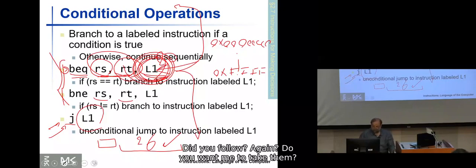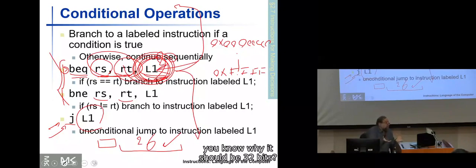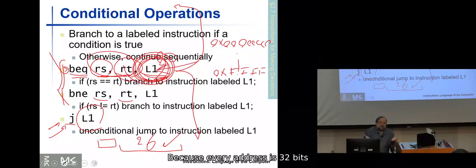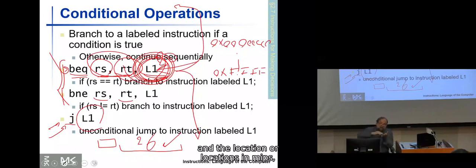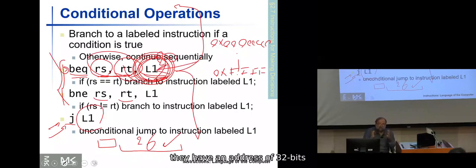No? Again, do you want me to take them? Our address to jump should be 32 bits. Okay, is it okay? Everybody? You know why it should be 32 bits? Because every address is 32 bits, and the locations in MIPS have an address of 32 bits. It's the design.